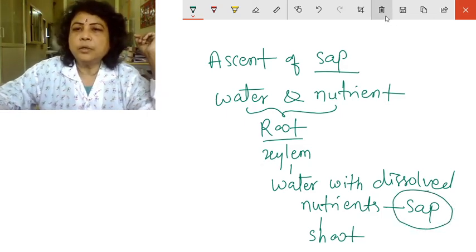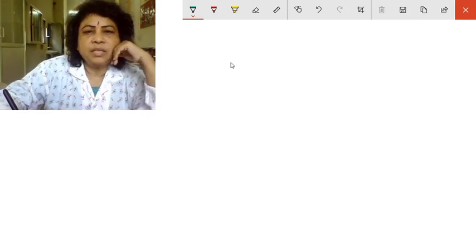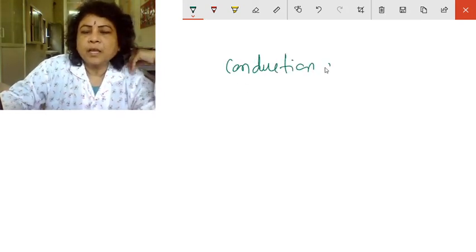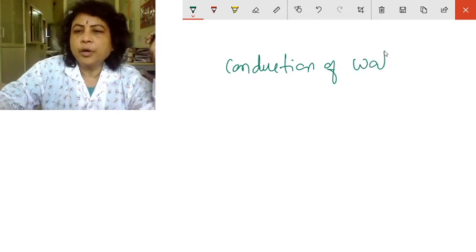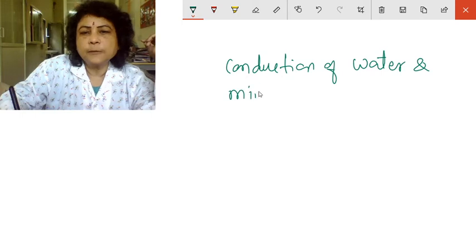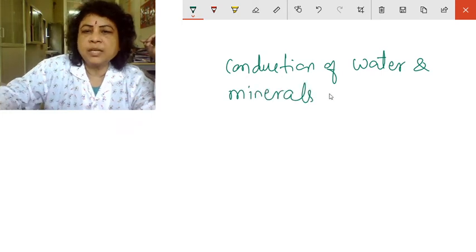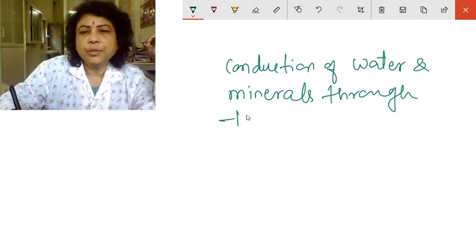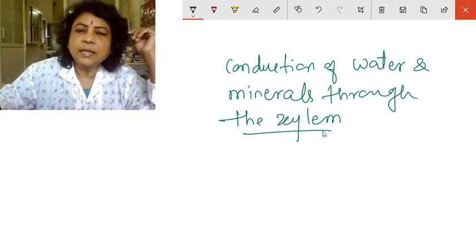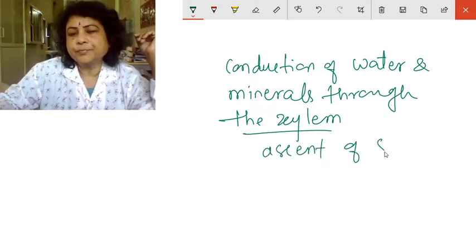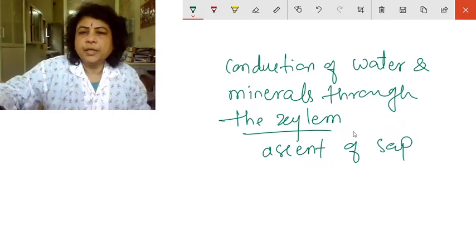So the ascent of sap is the conduction of water and minerals through the xylem. That is known as the ascent of sap.